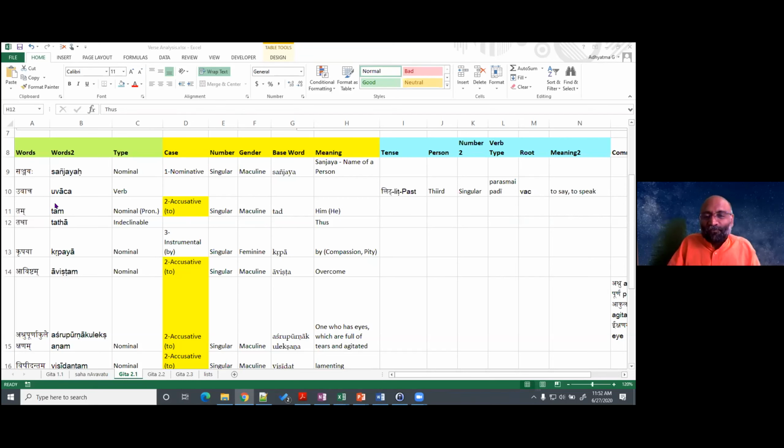In Sanskrit, the narratives go from one person to another. As I told you, the whole thing is a part of the Mahabharata, and all the scriptures from India are in the form of a dialogue between two persons.